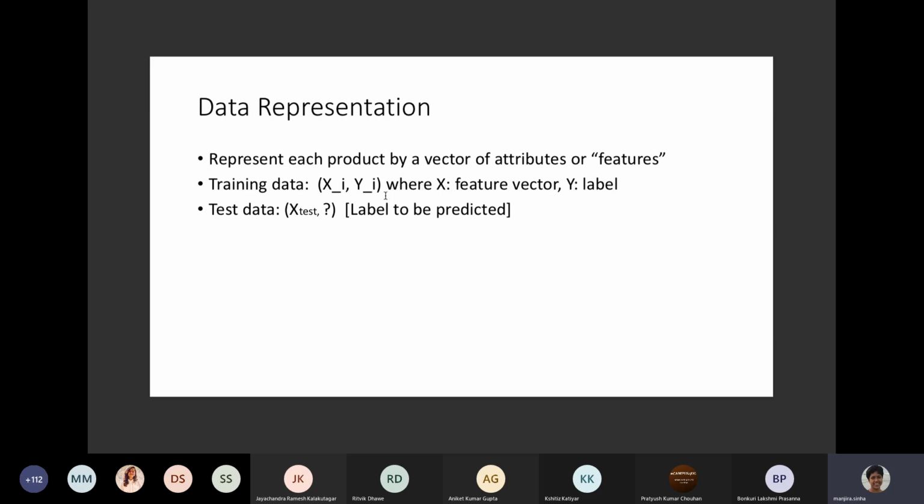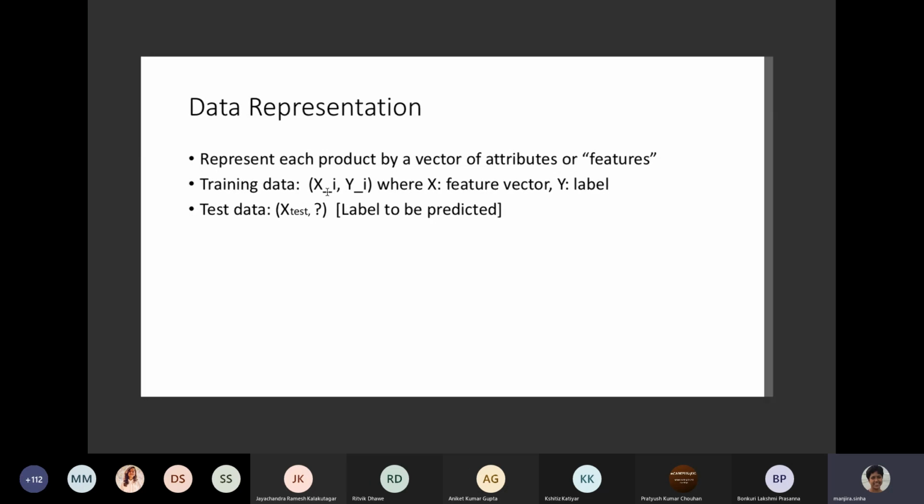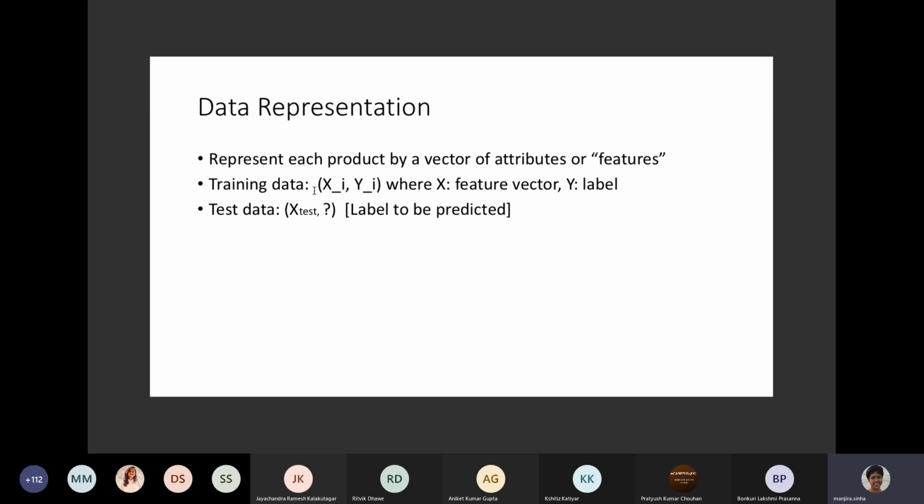Now each product will be a feature vector X, and the ith product or data point is denoted as Xi. So in my training data set, or in the known annotated data set, I have the Xi and Yi, right? For each feature vector corresponding to each data point, I have a label.